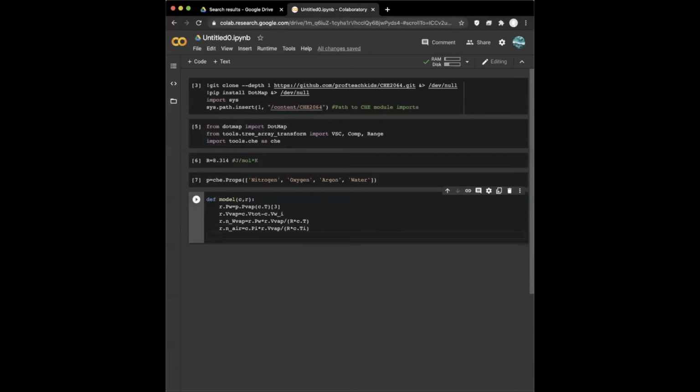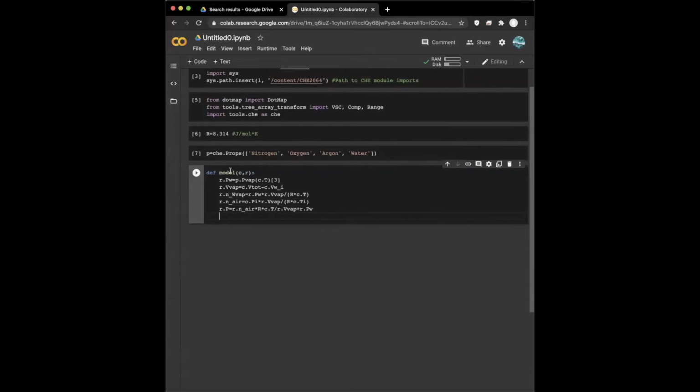And then finally we're going to have R dot P, pressure, equals R dot N, the moles of air, times R, times C dot T, the temperature, divided by R dot volume of the vapor form plus R dot pressure of the water.